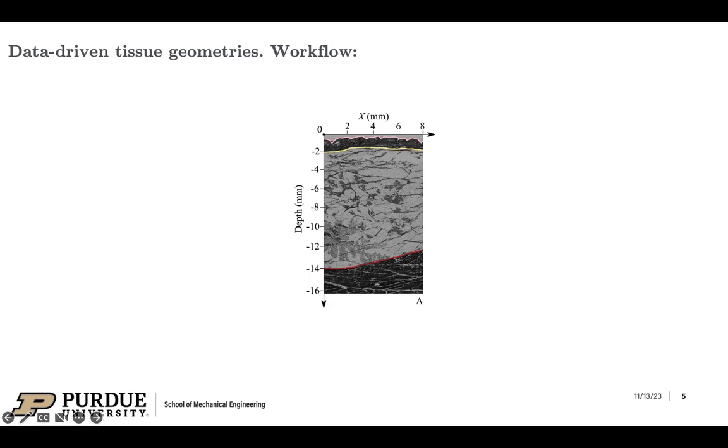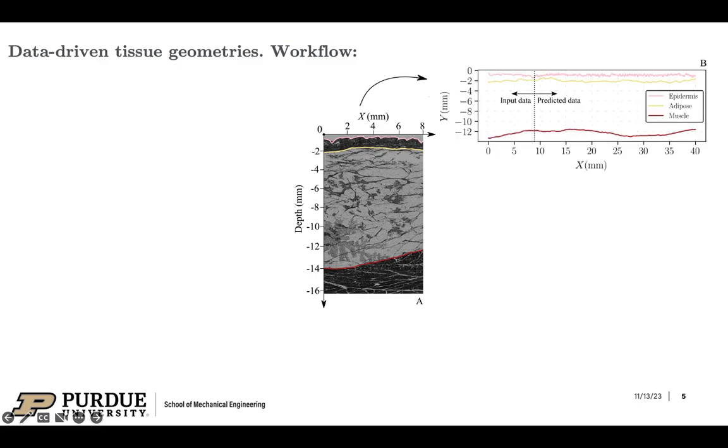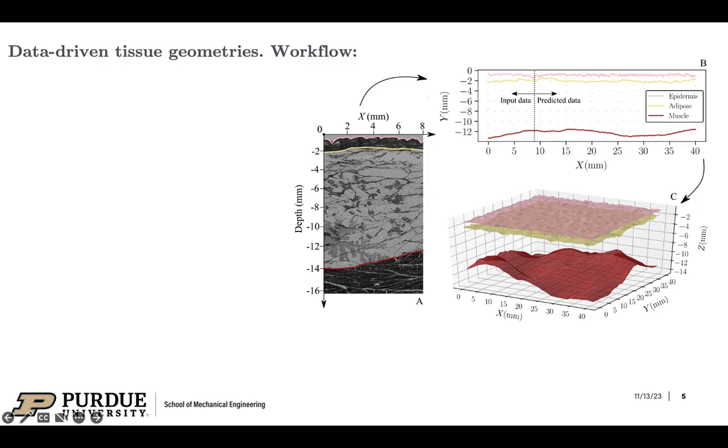The realistic tissue geometries are generated through a statistical analysis of the stained histology slice using a stochastic tissue model that reconstructs the tissue samples in 1D and 2D using Gaussian processes. So first we identify the boundaries using an autonomous segmentation algorithm. Then we input these boundaries into our stochastic model, and then we generate new data with the same statistical properties in 2D.